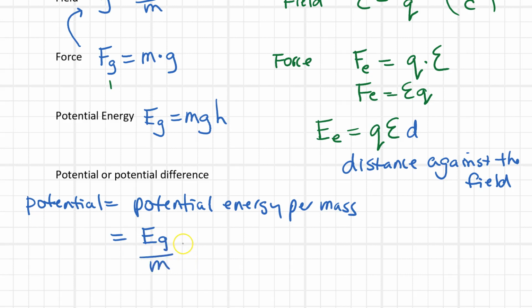So it'd be the potential energy divided by the amount of mass. Now, we don't actually have a letter, so I'm just going to say gravitational potential is going to be equal to Eg over m. And the units for this: energy is measured in joules, and the mass is measured in kilograms.